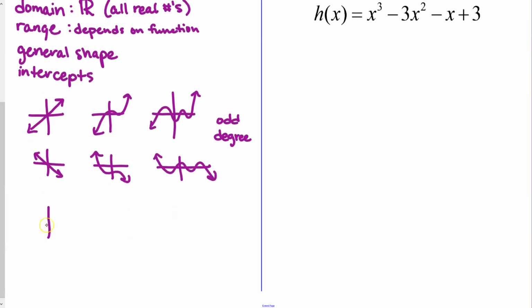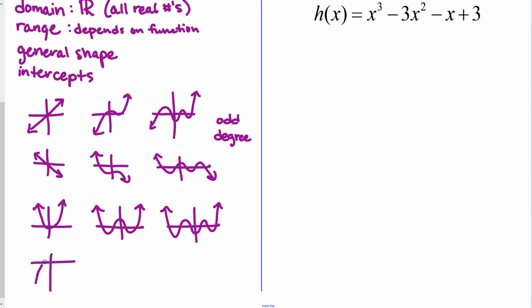But if you have an even degree, like a parabola does, you would have something like that, or maybe if it's quartic, it might make a W shape, or if it's a 6th power, maybe you just have more of those things. You either have both ends up or you have both ends down. So the range is not necessarily all real numbers because it looks like there would be maybe some kind of maximum value or some kind of minimum value.